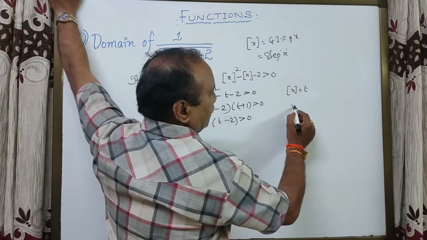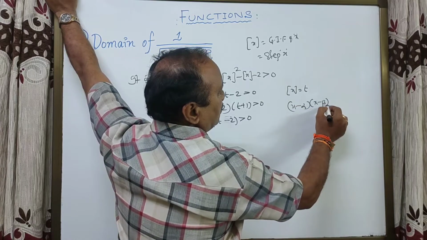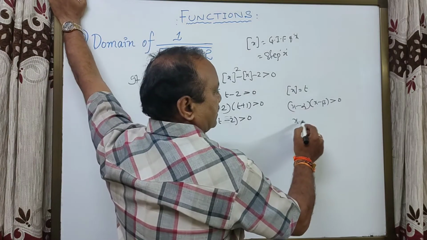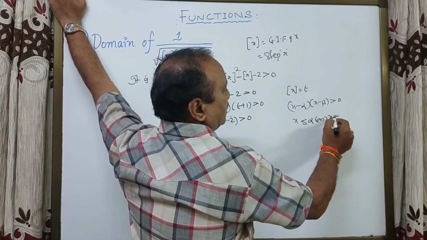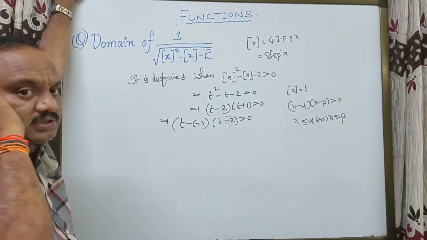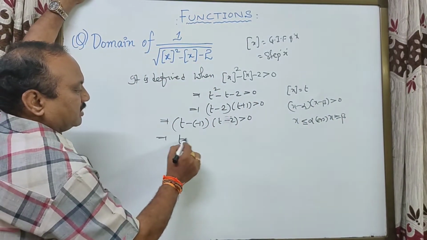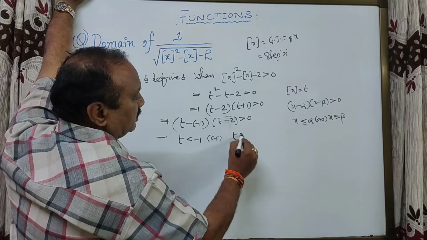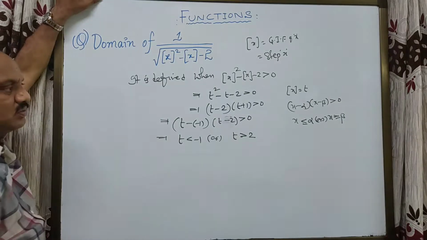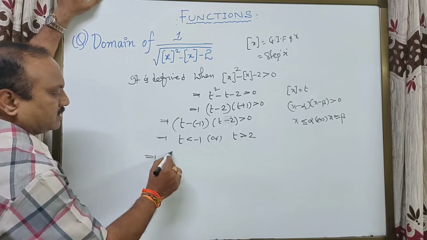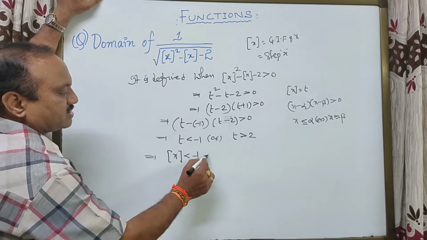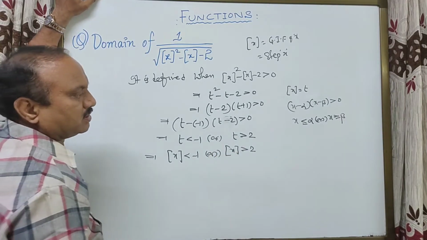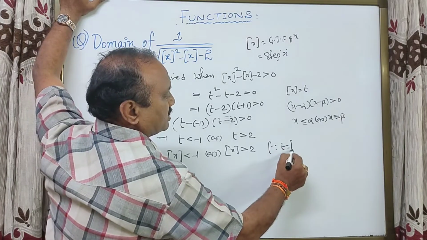Now students, when x minus alpha into x minus beta is greater than 0, x is less than or equal to alpha or x is greater than or equal to beta. Please remember that one. That means here t less than or equal to minus 1 or t greater than 2. What is the t value? Step x. So step x less than minus 1 or step x greater than 2, since t equal to step x.